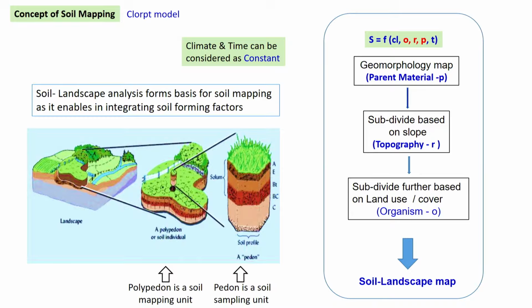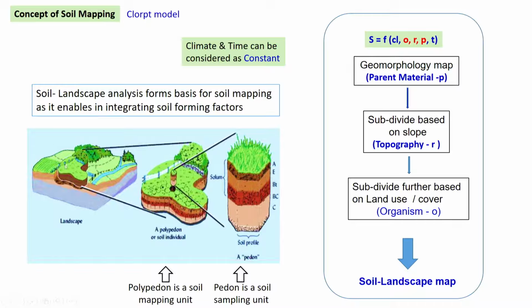And in that way, by systematic interpretation of remote sensing data, we can get the map unit or map area which we call a soil landscape map. So like that we are able to prepare the soil landscape map. And in the figures you can see this is the landscape, or suppose you can say the area you want to prepare a map, and you can divide the area based on your soil forming factors, which you are seeing as the soil landscape map.